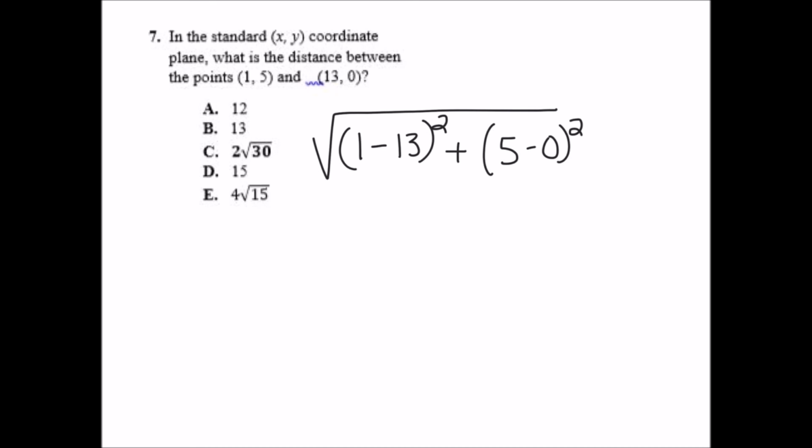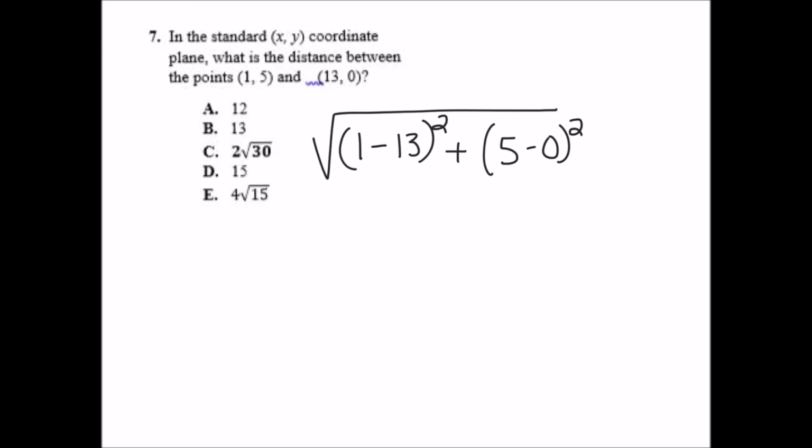Okay, question 7. In the standard xy coordinate plane, what's the distance between the points 1, 5 and 13, 0? Use the distance formula. And again, it's the square root of x minus x1 squared plus y minus y1 squared. I plugged in the values: my first x is 1 and my second x is 13, so 1 minus 13 squared. And then my first y is 5 and my second y is 0, 5 minus 0 squared.